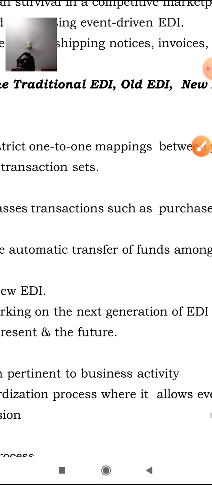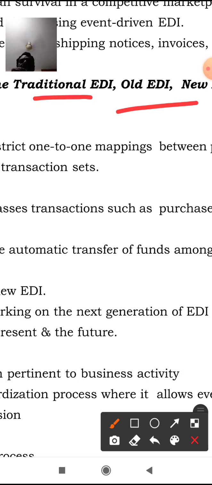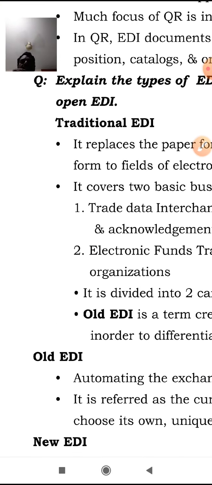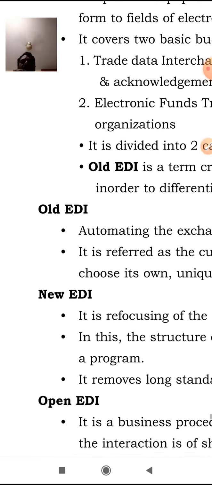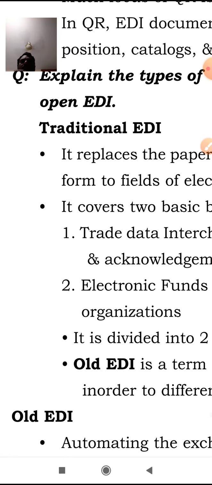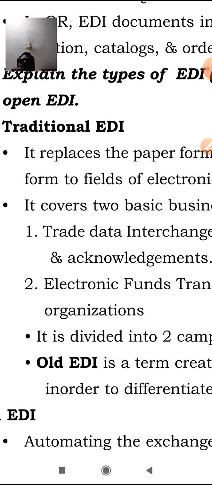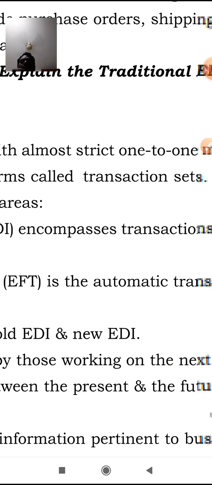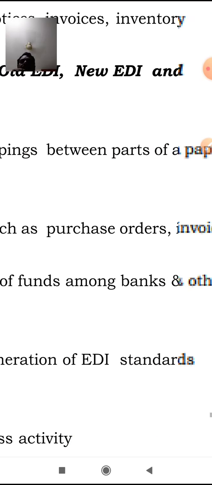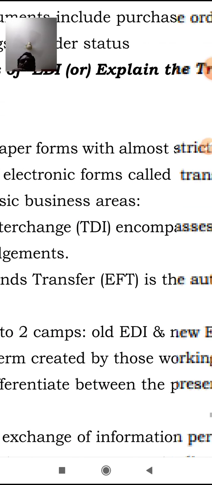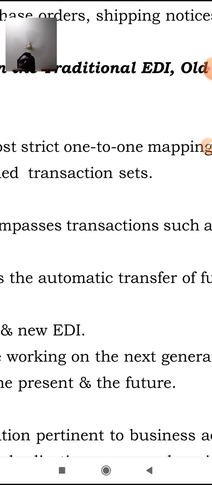So explain the traditional EDI, old EDI, and new EDI. We will discuss all these 3. The traditional EDI replaces the paper forms with almost strict one-to-one mapping between parties, from paper form to fields of electronic forms called transaction sets.